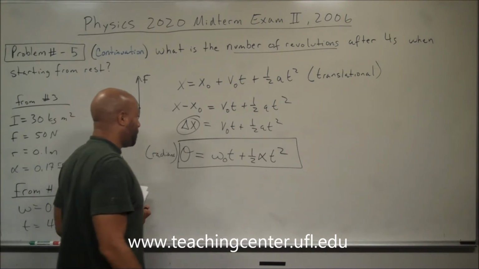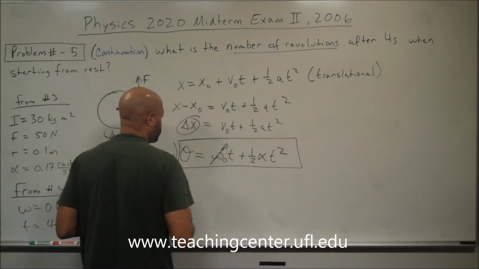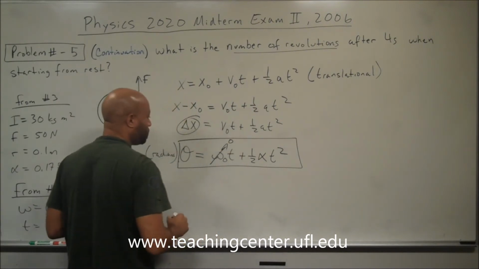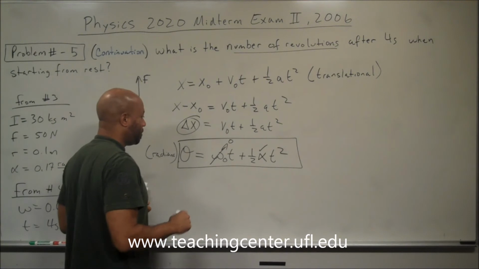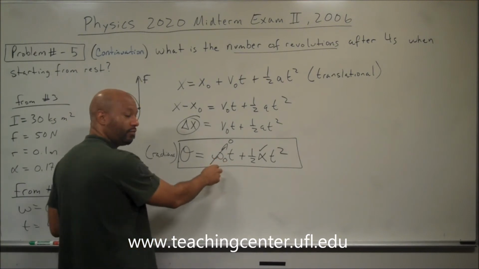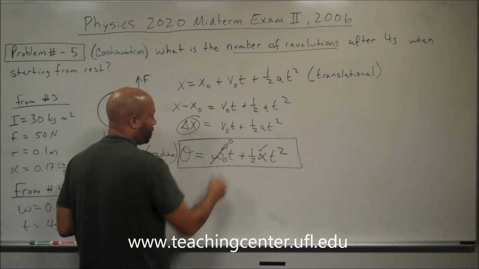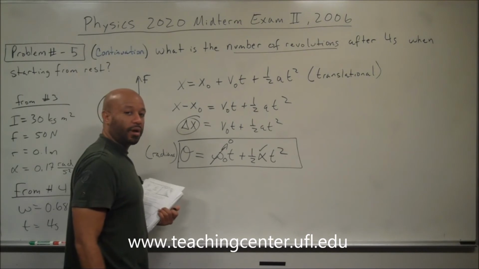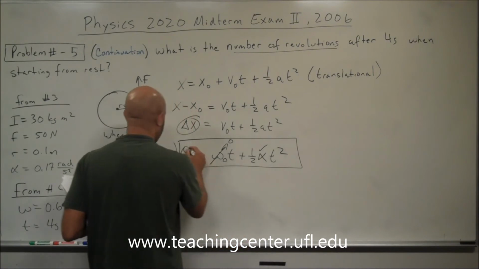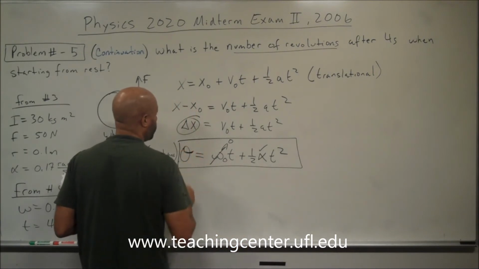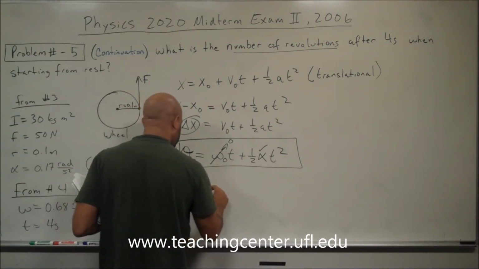And the reason why we want to use that is because we have all this information. We know that the initial angular velocity is 0, so this whole term goes to 0. Sorry, did I say acceleration here? I meant velocity. The initial angular velocity is 0, so this whole term goes to 0. We know the angular acceleration from problem number 3, so we can simply find the distance that it traveled by substituting in this information.